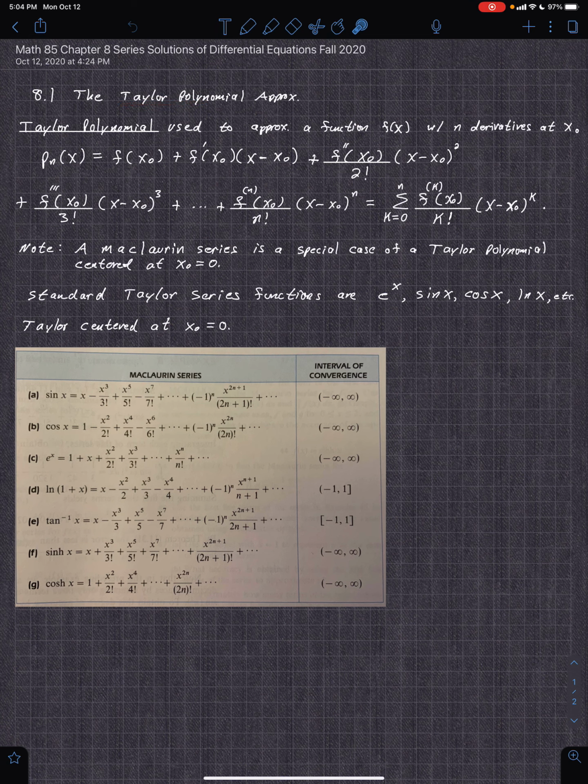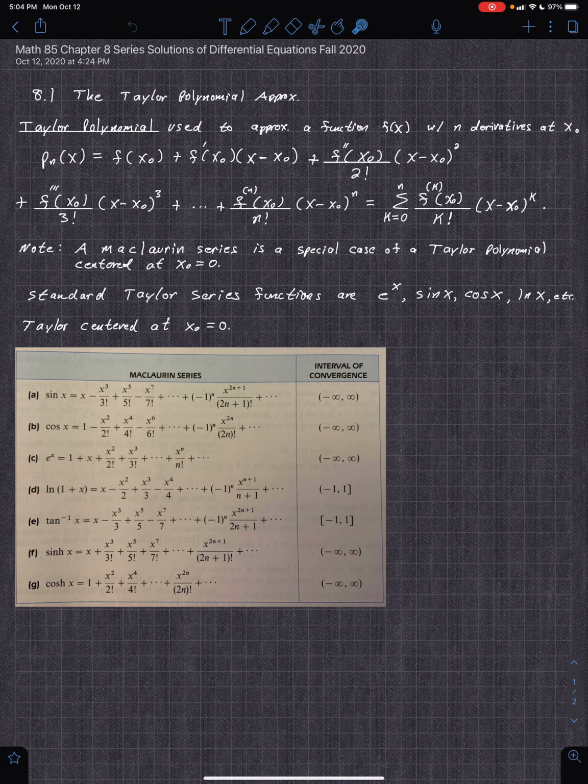So this is the Taylor polynomial used to approximate a function. Basically, it's around a specific point, like 0 or pi, and as you extend the approximation indefinitely, as it approaches infinity, then you get exact values as you take a limit.